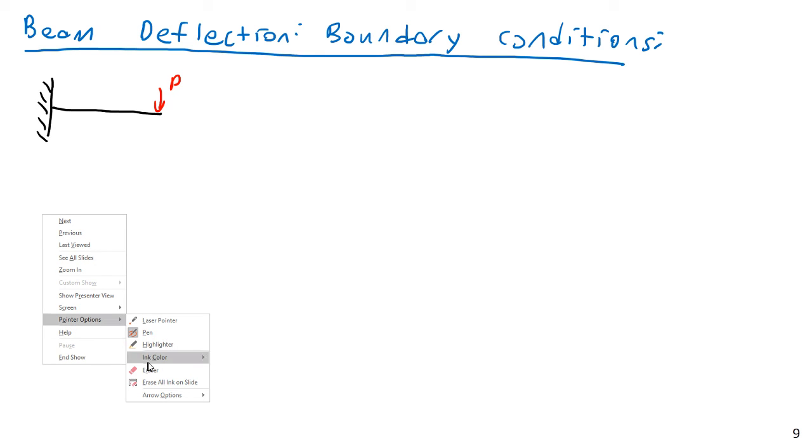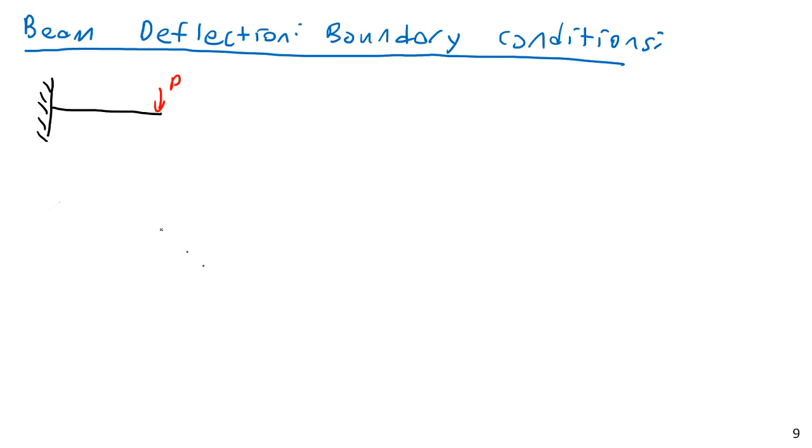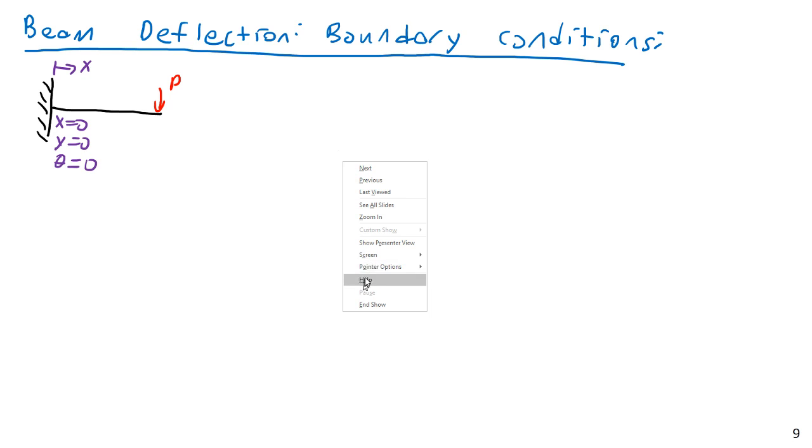And x is, as always, measured from the left, increasing to the right. Well, we have a few things. One, this is x equals 0, but the deflection is also going to be equal to 0. The vertical deflection is equal to 0, and the rotation, or the slope of the beam at that location, must be equal to 0.